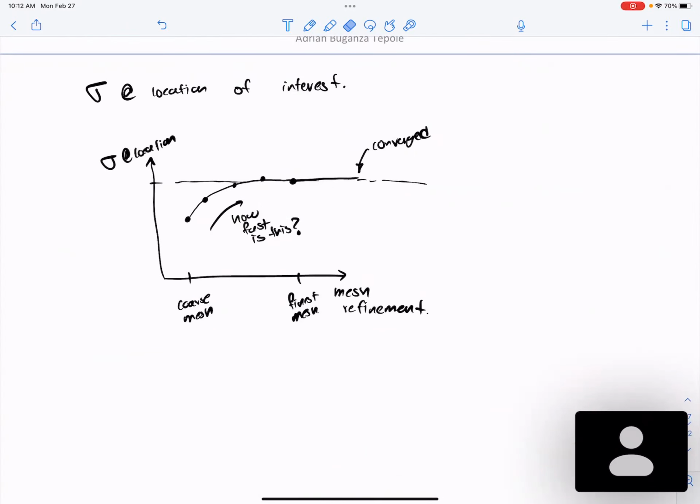If you are using linear elements, it will take longer to get to the asymptote. If you use quadratic elements, it will go very fast to the asymptote. So let's say that this is with quadratic, and this is with linear.